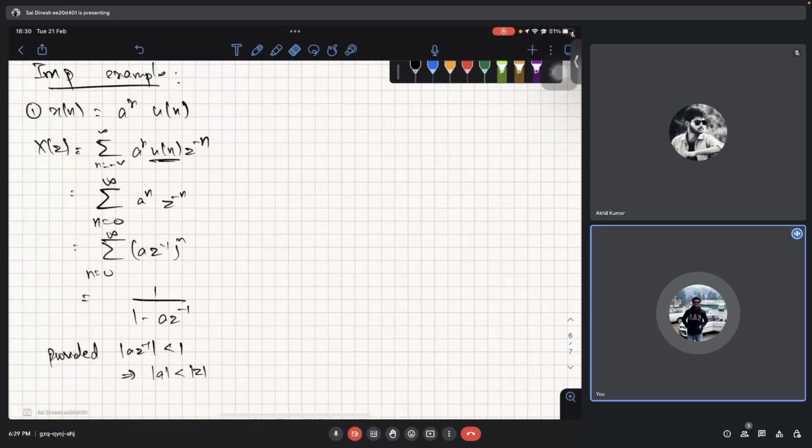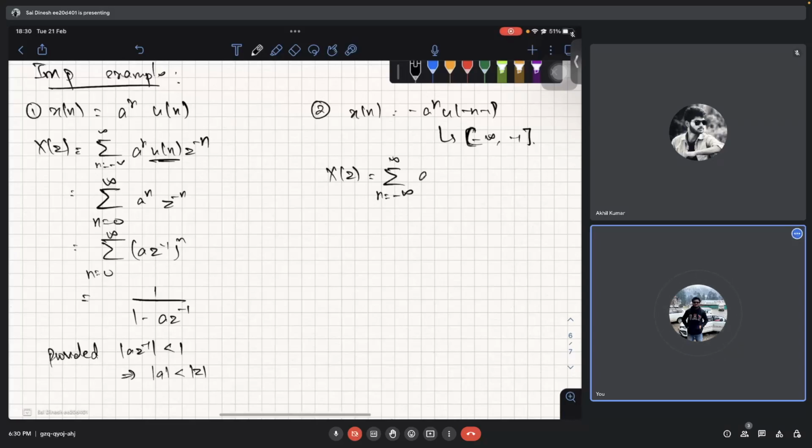So along the same lines, let's say we have another example. x of n is minus a power n u of minus n minus 1. So this has support from minus infinity to minus 1. So we write x of z is equal to the sum from n equal to minus infinity to infinity of a power n u of minus n minus 1 z power minus n, and upon solving we get 1 by 1 minus a z inverse again, but here we need mod z less than mod a. So this is where it will converge.